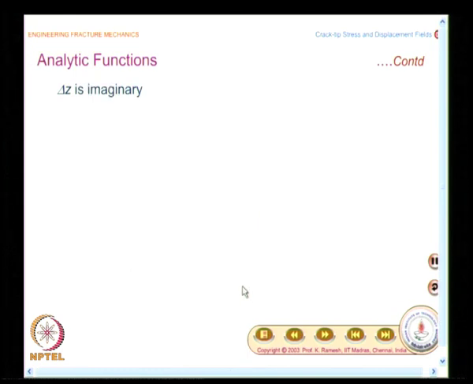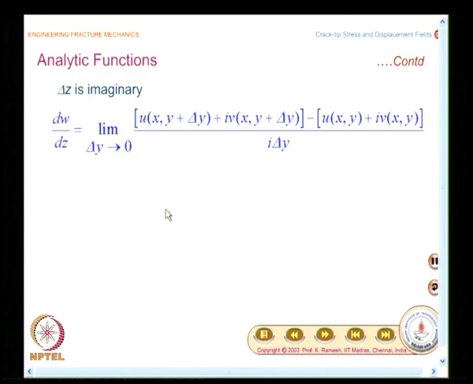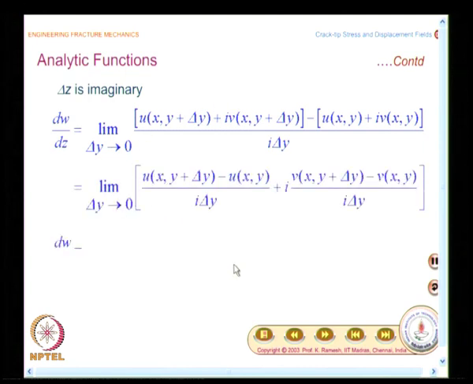Then we considered what will happen when delta z is imaginary. Then again you can group the terms, and the final result turns out to be dw by dz equal to dou v by dou y minus i dou u by dou y. In fact, in both the cases we were only evaluating dw by dz.